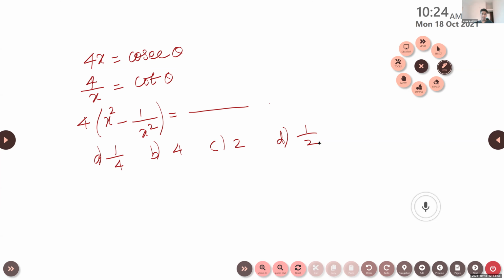1 by 2. How? How will you get that answer as 1 by 2? Tell me, Ashik. We can substitute each value in the place of x. For which value? How will you substitute? It is 4x and 4 by x, isn't it?